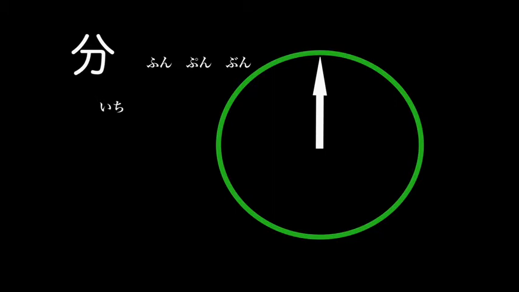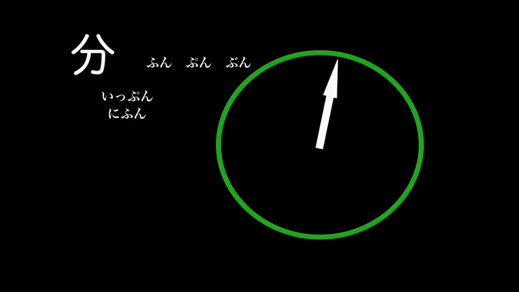Number 1, ichi. Ichi fun would be quite complicated to say, so they drop off the chi and say ippun. We'll see how that works for number 8 as well. Ippun, 1 minute. Nifun is simply number 2 and add fun.